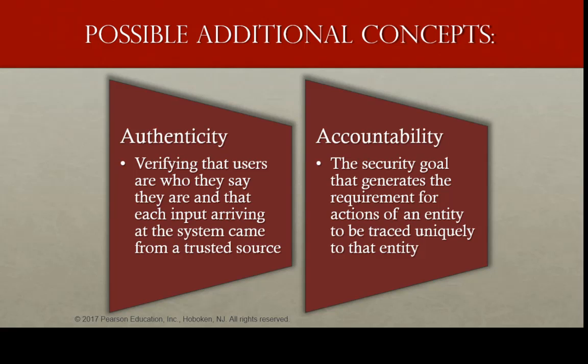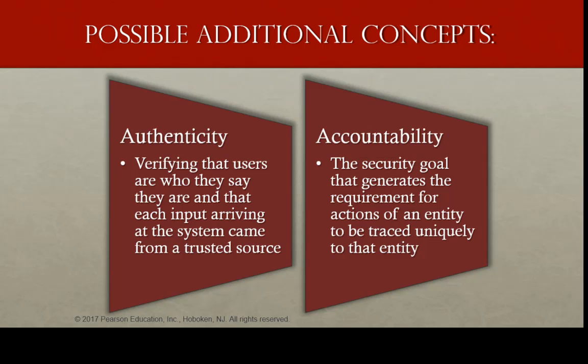There are some possible additional concepts that are helpful to keep in mind. Although the use of the CIA TRIAD to define security objectives is well established, some in the security field feel that additional concepts are needed to present a complete security picture. Two of the most commonly mentioned are as follows.